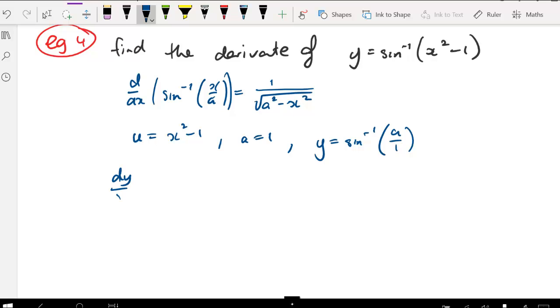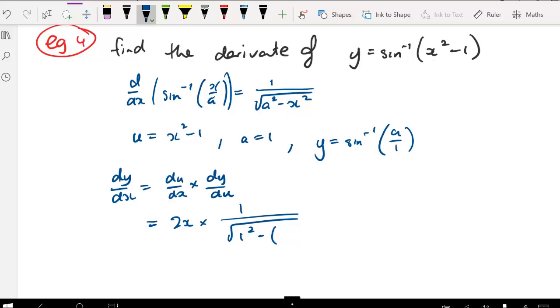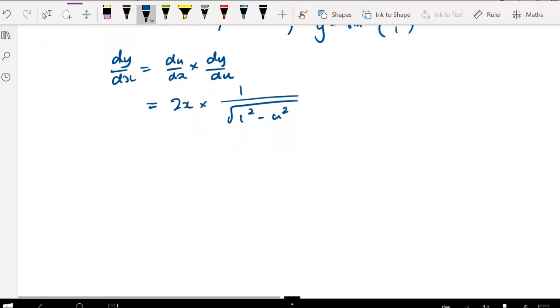So to find this derivative, dy/dx is equal to du/dx multiplied by dy/du. du/dx is 2x, and dy/du will be 1 over the square root of 1 squared subtract u squared. So we've got 2x on the square root of 1 take u squared.